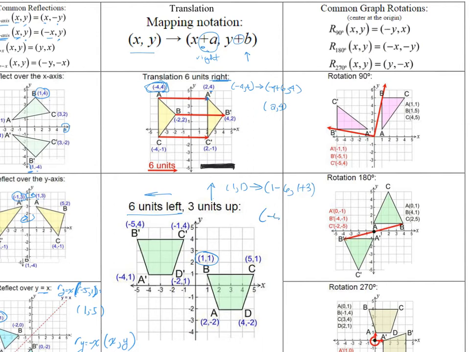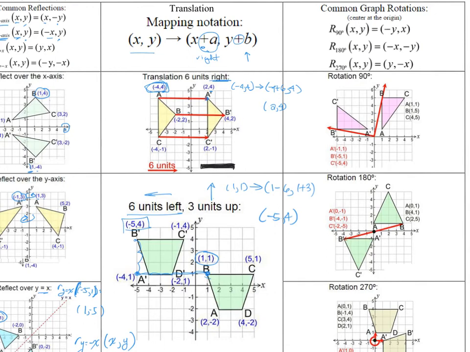So that would give you (-5, 4). So I moved from this point to this point: 6 units, 1, 2, 3, 4, 5, 6, and then 3 units up, 1, 2, 3, to point (-5, 4). And the same would go for all the other points.